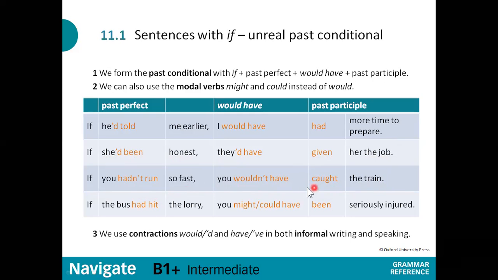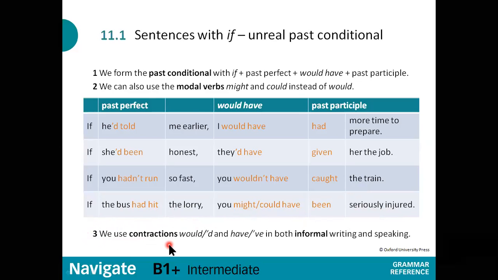So maybe you were late for the train and you ran fast and you could catch the train. If the bus had hit the lorry, you could have been seriously injured. But the bus didn't hit the lorry, that's why you were not seriously injured.